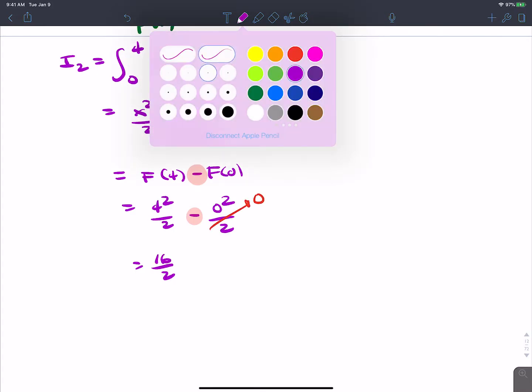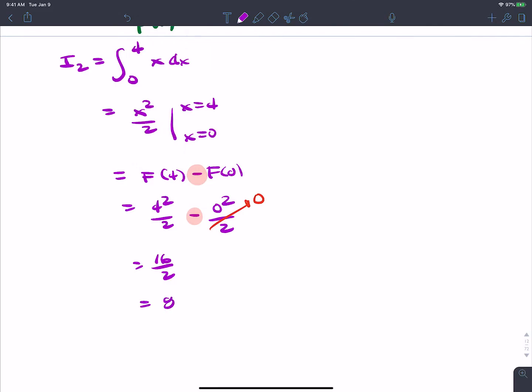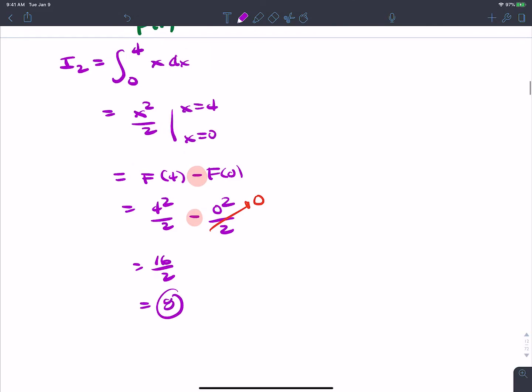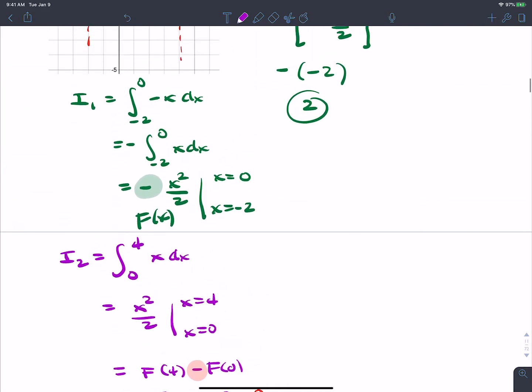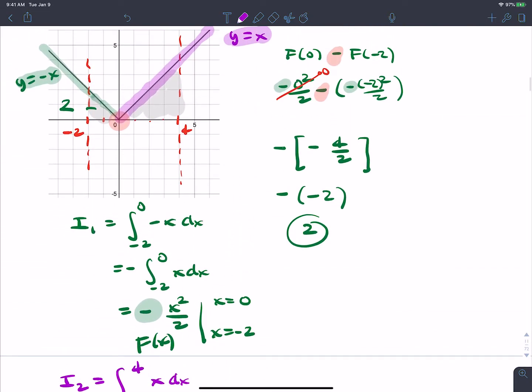What's 16 divided by 2? This is 8. That should make sense because over here it's positive. It's not a negative sign. Let's be careful, because people might look at that and wonder if it's a negative sign. No. This portion is 8 for the area.